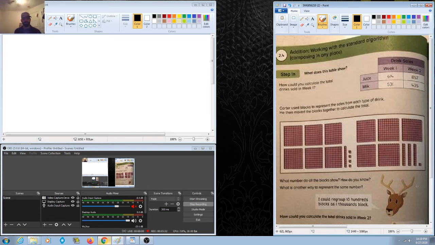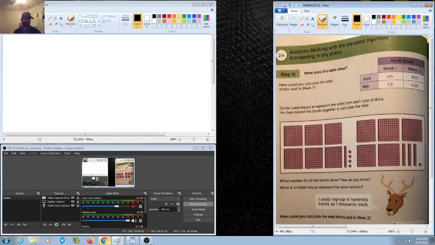The reason it's in a string is because if we did the same thing as in the ones place and let them be individual blocks, we would see them as the same representation model as the ones place, and we don't want to do that. We want to represent the tens place in a different way to show how the ones place is different from the tens place. That's why this string of 10 is helpful. Since there are 3 strings of 10, that accounts for 30.